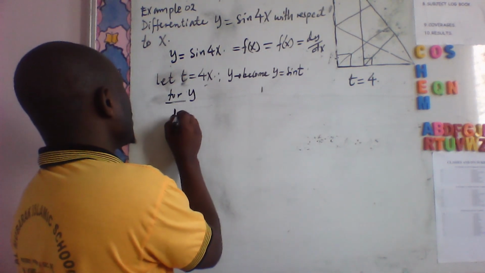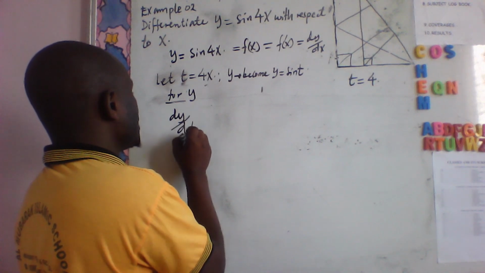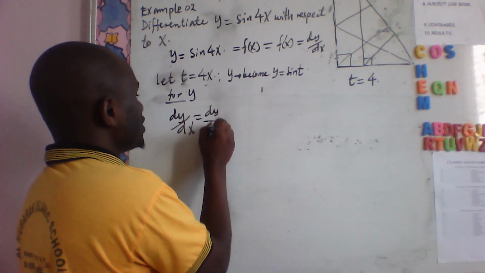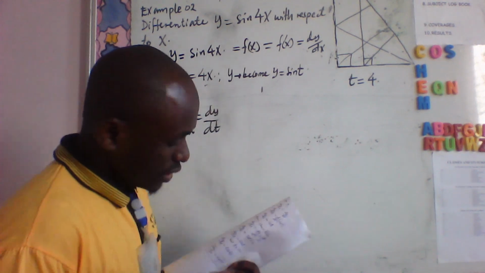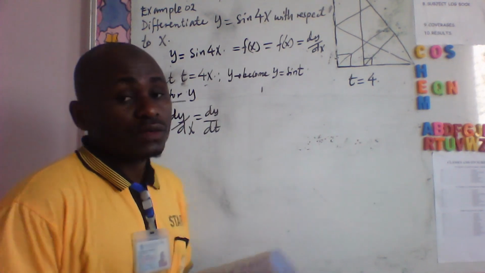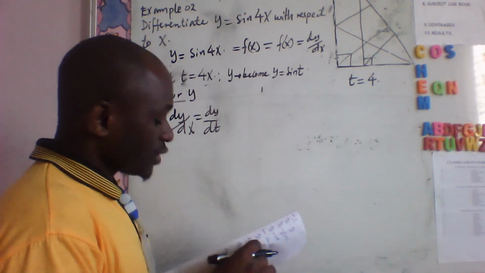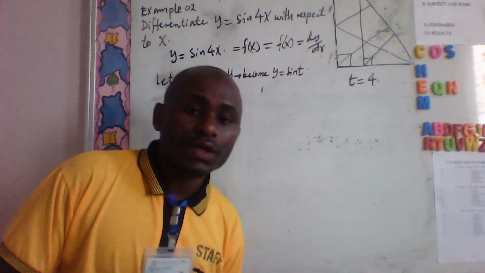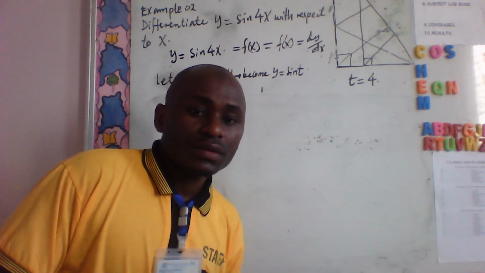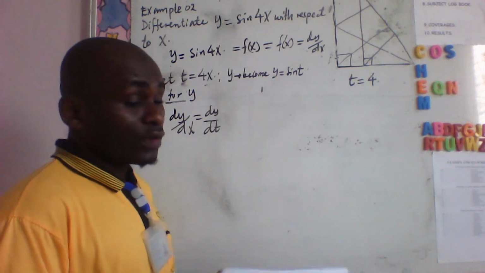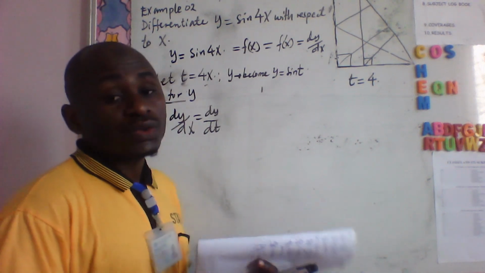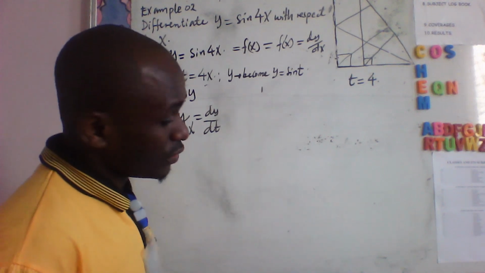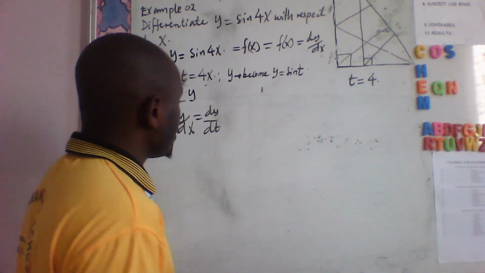So dy over dx is equal to dy over dt. Let us differentiate that in order to get the value of y, which we are going to utilize when we find the differentiation here.